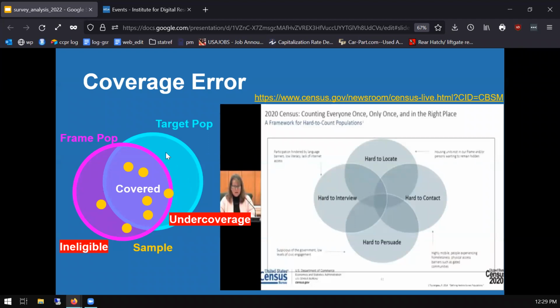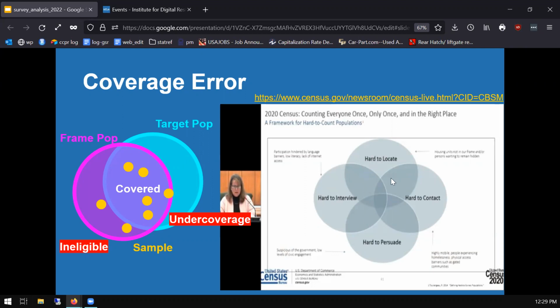And on the other side, there are people you care about in your study that you cannot access through a database of addresses. The Census Bureau had a toy example they always go back to. West Virginia is notoriously hard to survey.